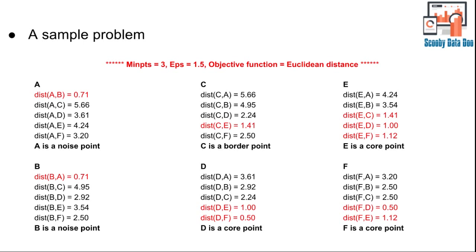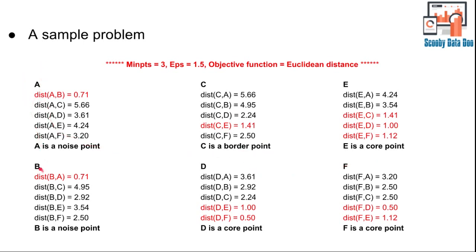If you remember how we define border point, a point is a border point which at least shares neighborhood with one of the core points in the domain. And here C is sharing neighborhood with E, which is a core point in our domain. So C is a border point.